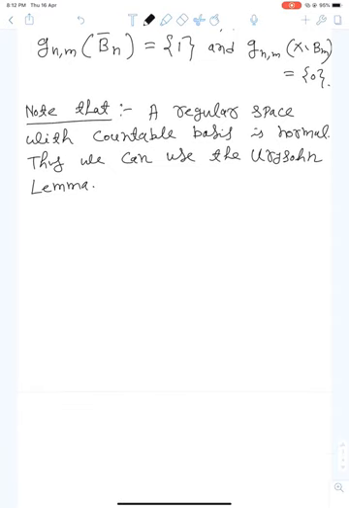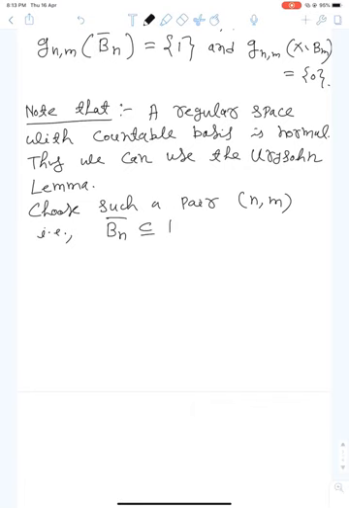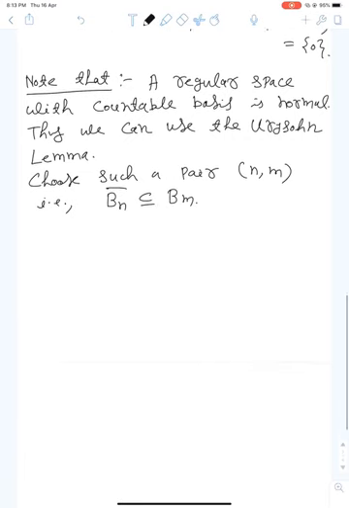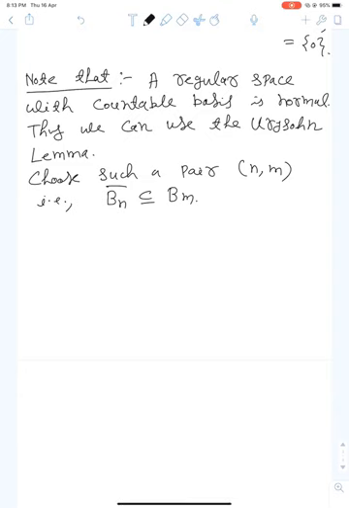So first of all, choose such a pair n, m, that is, the closure of Bn is a subset of Bm. Now let A equal the closure of Bn and B equal X minus Bm.